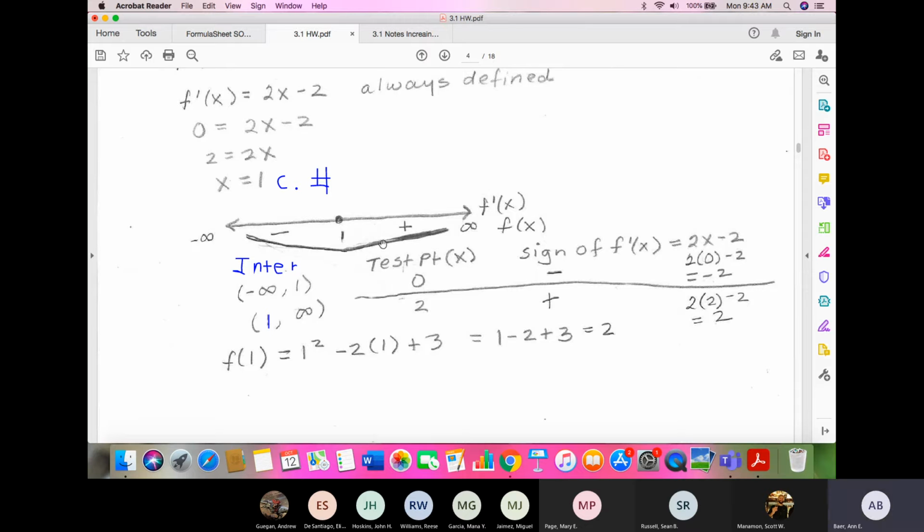It turns out that if I pick any x in this interval, and I find the sign of the first derivative at that particular value of x, no matter which number I would use in this interval, they would all turn out to be positive or all turn out to be negative.